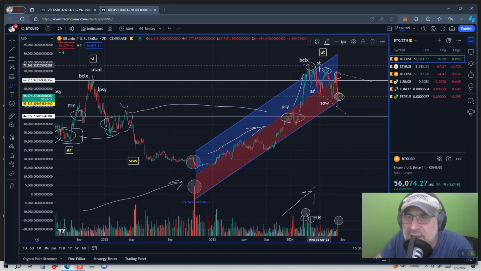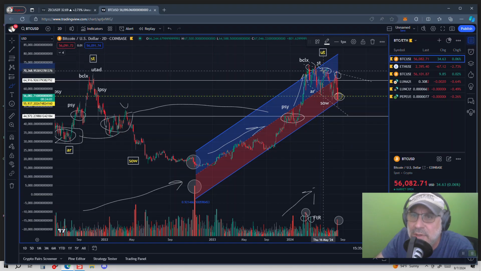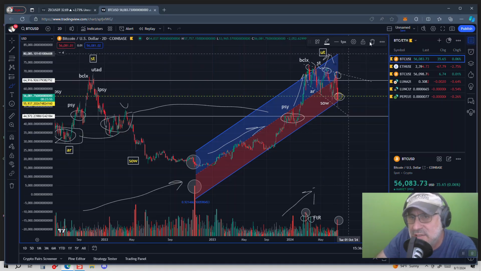If we were going to break this regression trend and the micro trend, then this demand volume spike should have caused it to at least hug this resistance line and create a further bounce by flipping it to support. But we didn't see that.